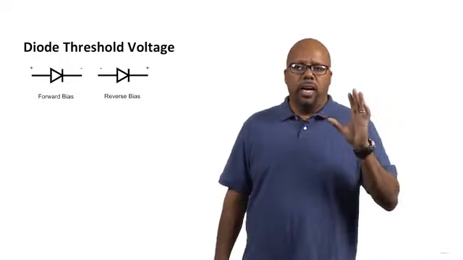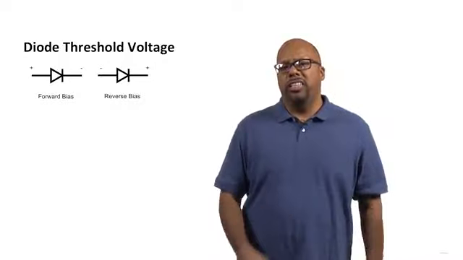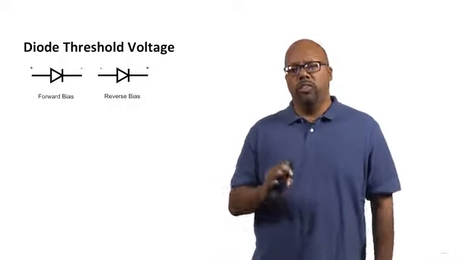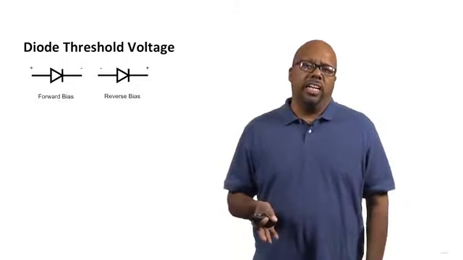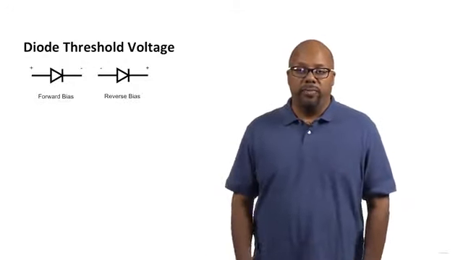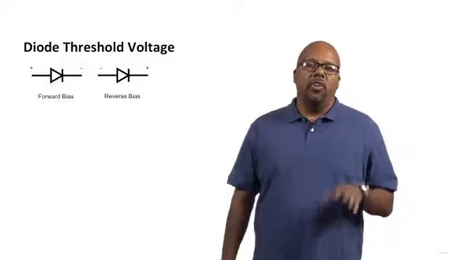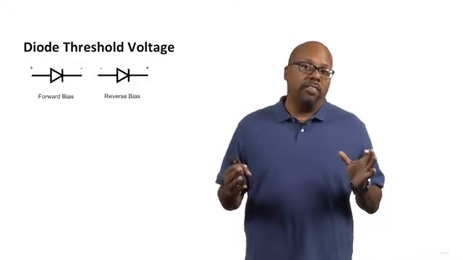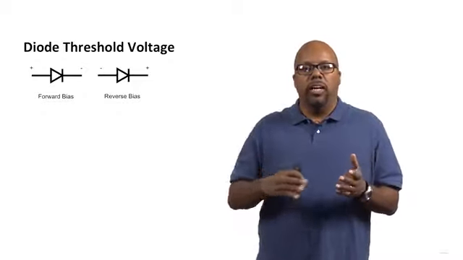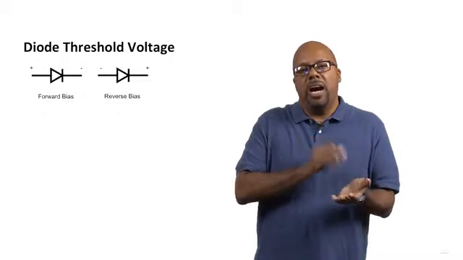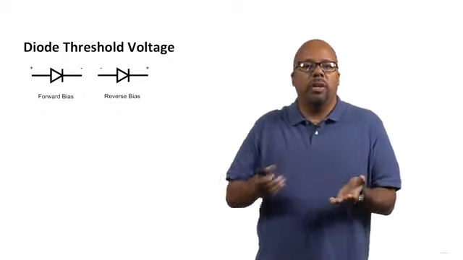So let's take the picture on the left side, the one that's labeled forward bias. Notice that the anode is labeled with a plus sign, and the cathode is labeled with a minus sign. What that's saying is that in order for this diode to be forward biased, meaning current is flowing through it, the anode has to have positive voltage with respect to the cathode.